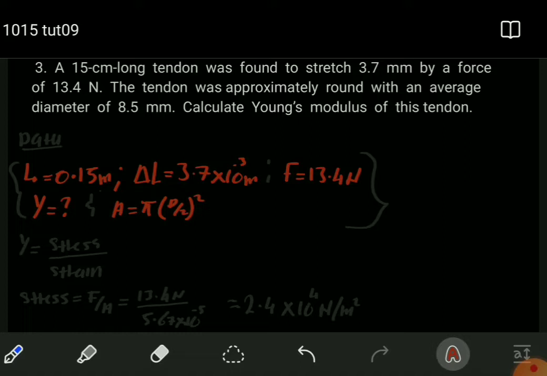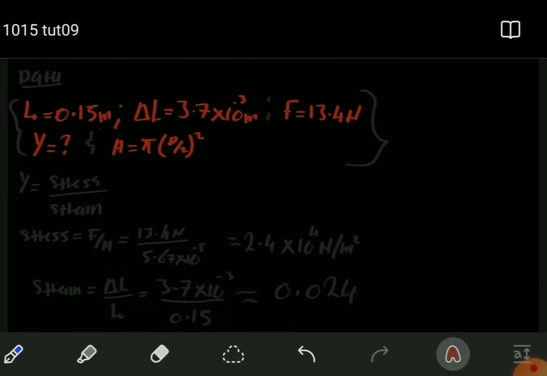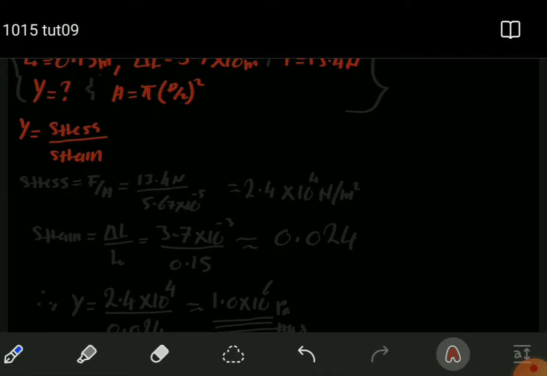Now what is the formula for obtaining the Young's modulus? Young's modulus is obtained by dividing the stress by the strain. So Young's modulus equals stress divided by the strain. We know that stress is given as force per unit area, with units of pascals or newtons per square meter.